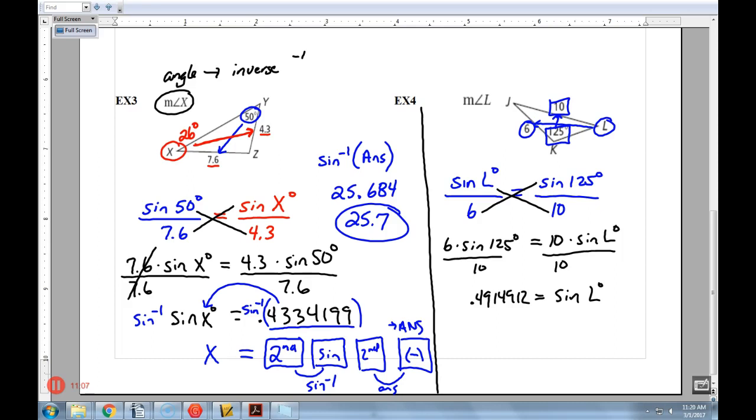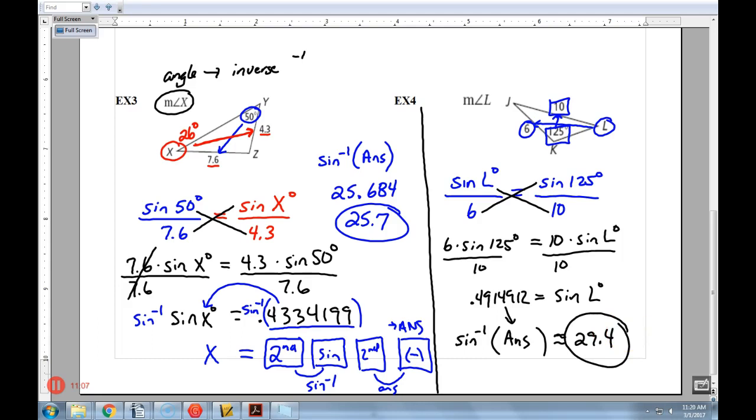So I'm now just going to do the inverse sine of that thing, which in my calculator I'm going to have it just use the previous answer. So second sine, second negative key, and equals, and I'm getting about 29.4.